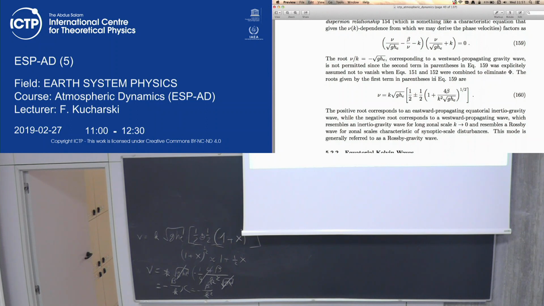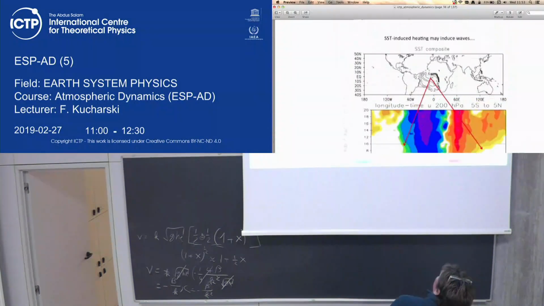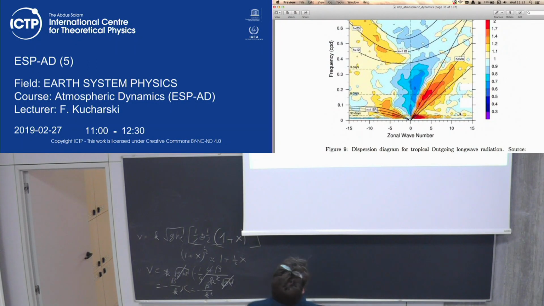But for Kelvin waves, the wave number can be anything, but well, we can look at our diagram. Maybe anything actually. Wave numbers between 2 going up to wave numbers 10.